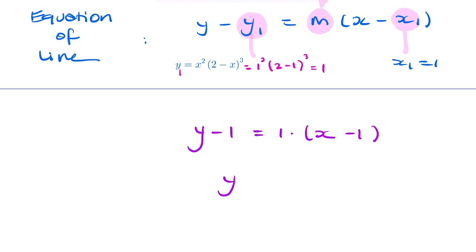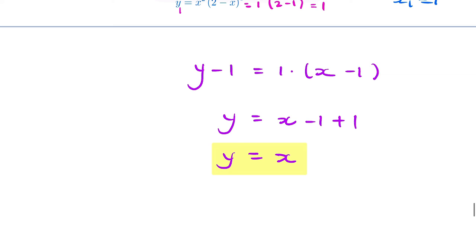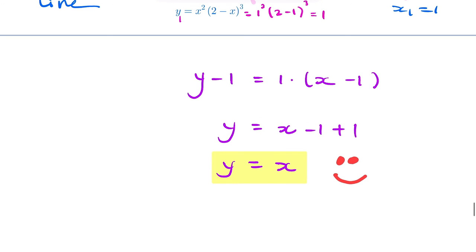So we end up with y equals x minus 1 plus 1, because that changes sign. We add 1 to both sides. So we end up with y equals x. And that is the equation of your normal at the point x equals 1.